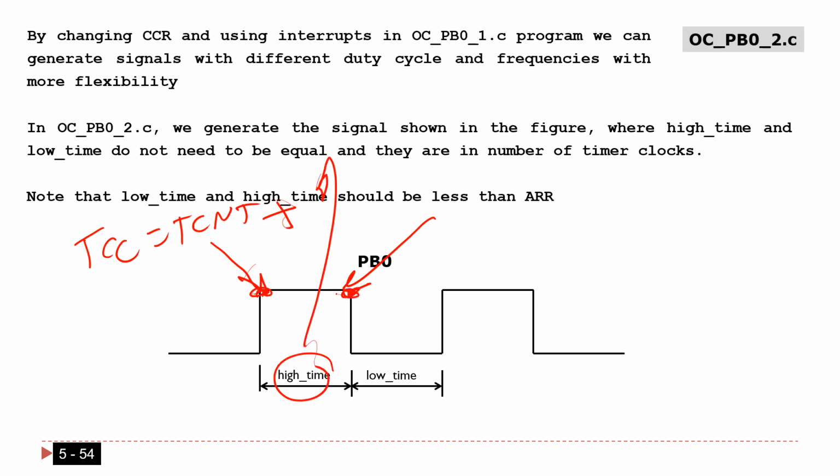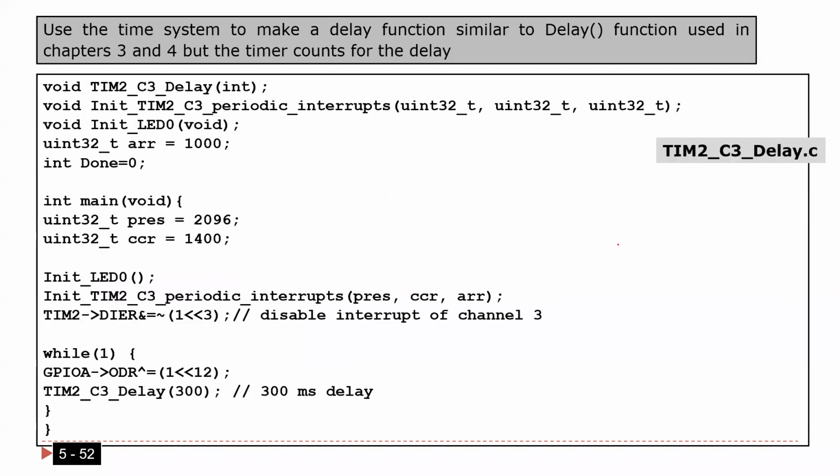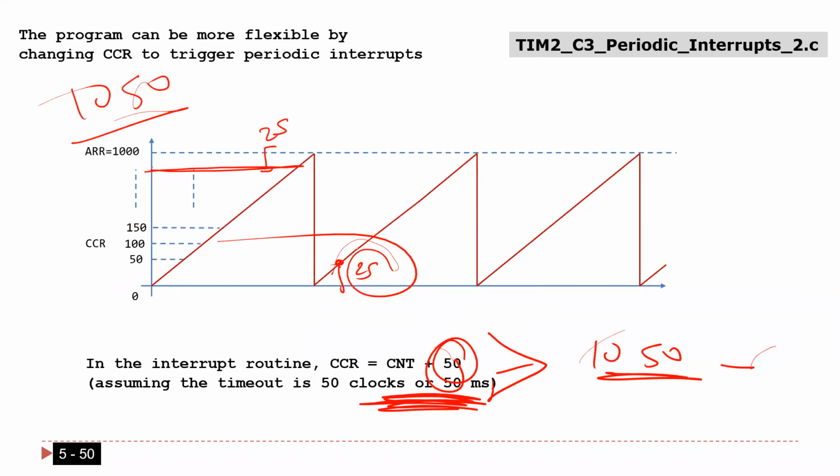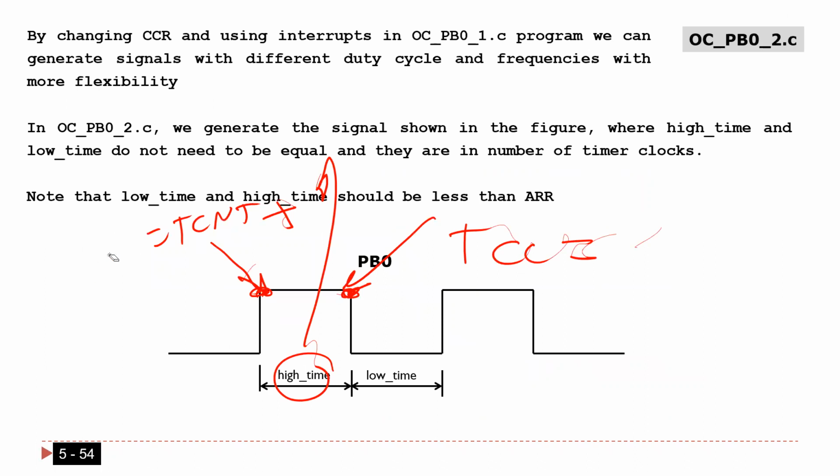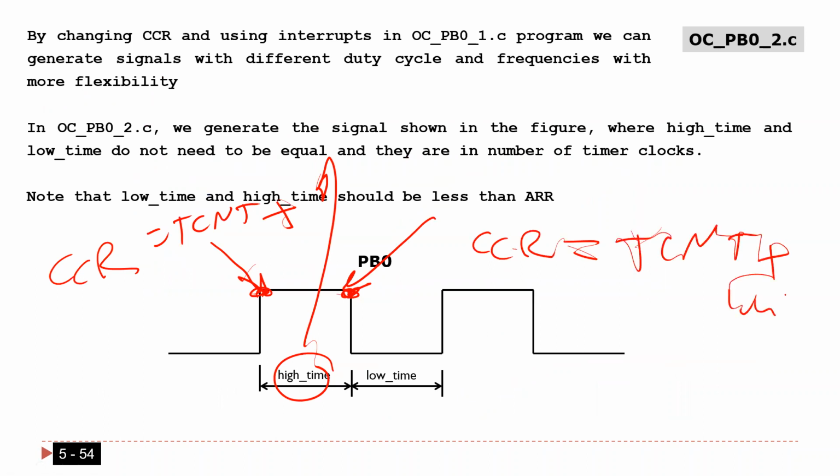However, if it is here, CCR, the value in the register, should equal TCNT plus low time. So I have to know whether you want to toggle after this time or after that time.